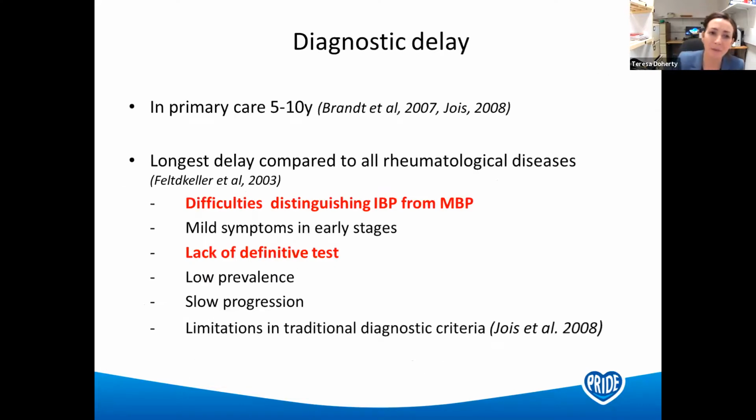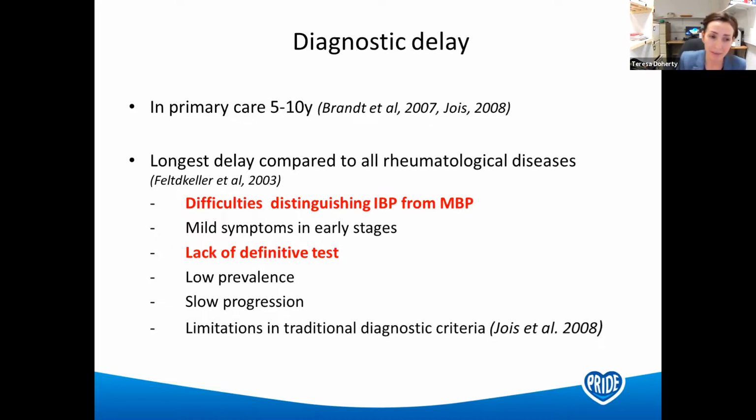So we've said this before, up to a 9-10 year diagnostic delay, depending on which article you read. It's the longest delay, unfortunately, of all the rheumatological diseases. The main reason for this, and we appreciate this, is that it is difficult to weed out inflammatory back pain from mechanical back pain. And the symptoms can be quite mild, and with this remitting and relapsing course, it can be easily missed.